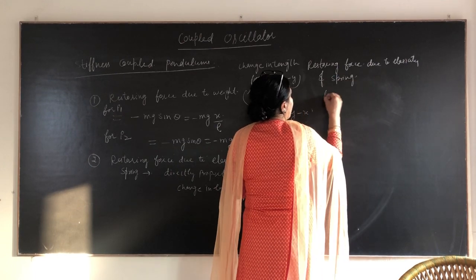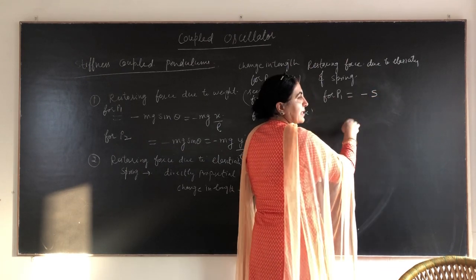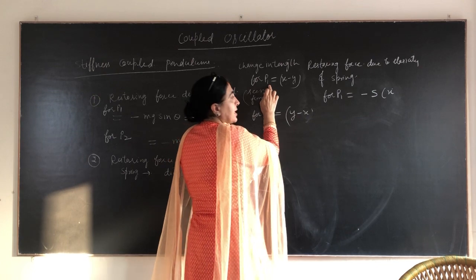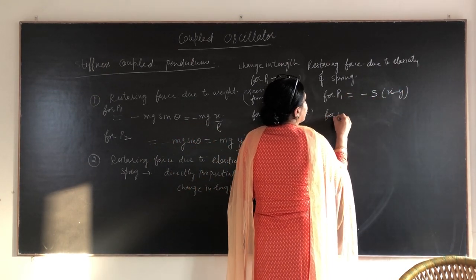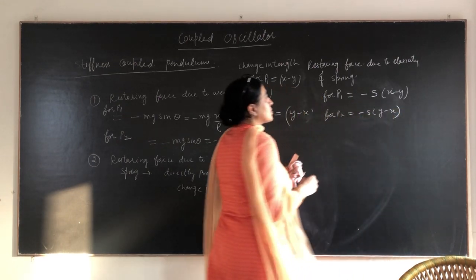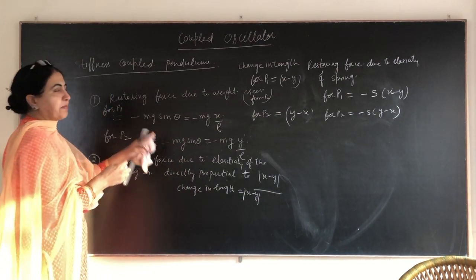For P1, that is equal to minus s, restoring force minus s into change in length, that is for P1 when seen from P2, that is x minus y, and for P2 that is equal to minus s into y minus x. So these are the restoring forces for pendulum P1 and P2.